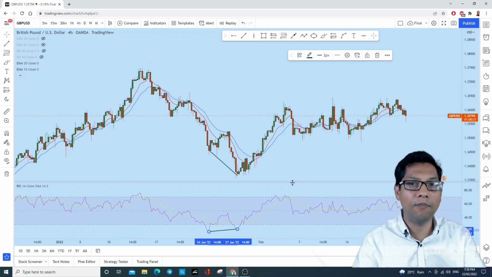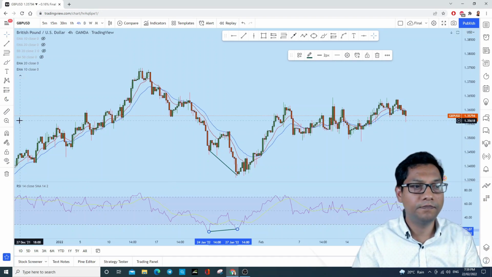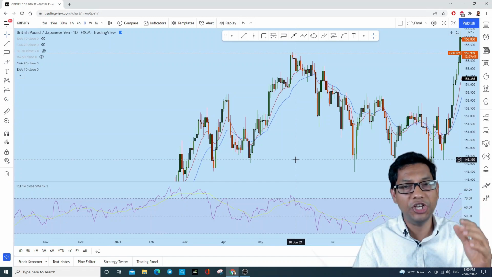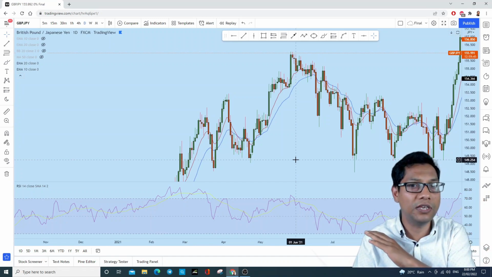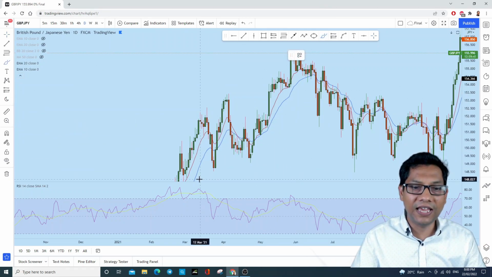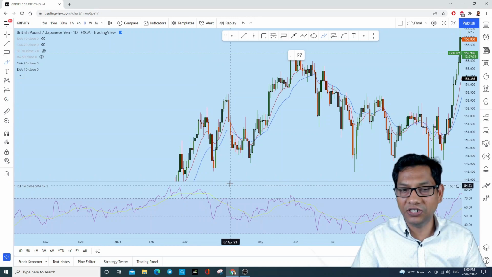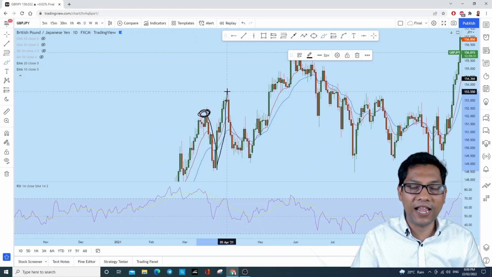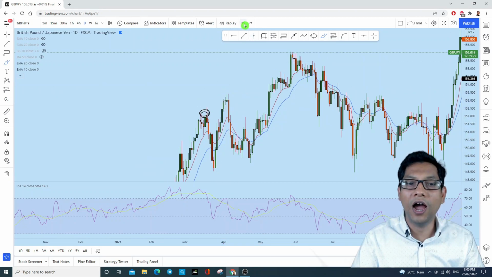Now let's see a couple more examples. Okay, let's see this one here. This is the GBP JPY daily chart. We'll see it in all kinds of time frames. What you saw here is a clearly defined divergence. Look here, this is the top of this move. It's an uptrend. After this move, we saw a sharp drop, and then price again pushed to the upside and created a new higher high.